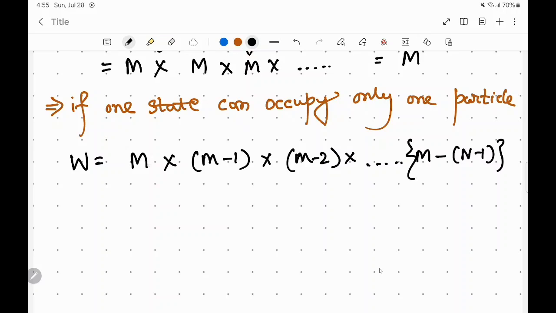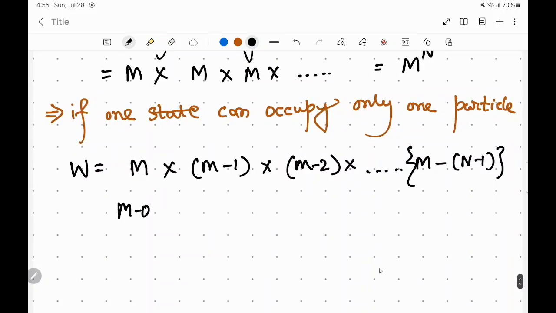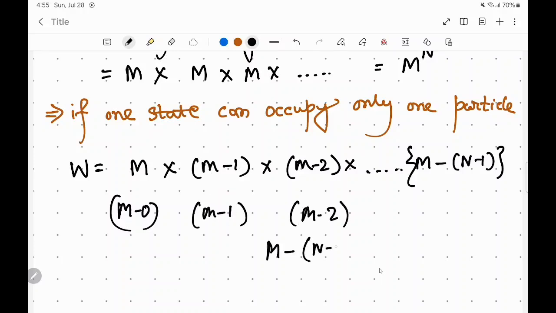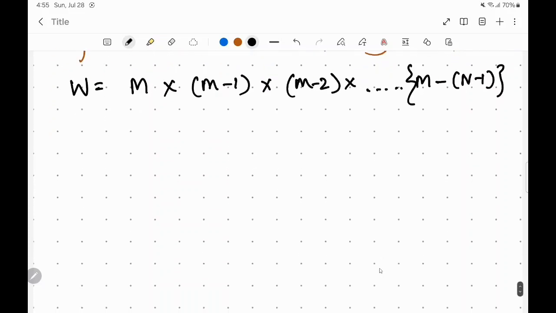Because for the first particle, it is m minus 0. For the second particle, it is m minus 1. For the third particle, it is m minus 2. So in general, it is m minus n plus 1. Clear? Okay. So this is our total number of arrangements, W. You can modify this form.